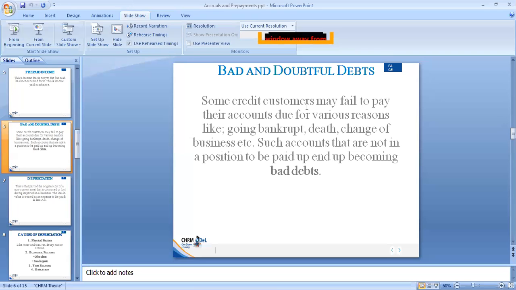The 1,000, which is referred to as increase in provision for doubtful debt, is normally considered as an expense in the income statement. As we are calculating the net profit, the 1,000, which is the increase from the estimated amount, is normally captured as an expense. As we are writing the insurance expense, repairs expense, stationery expense, we need also to capture increase in provision for doubtful debt, 1,000. You only capture the 1,000, not the whole 26,000. The increase only.